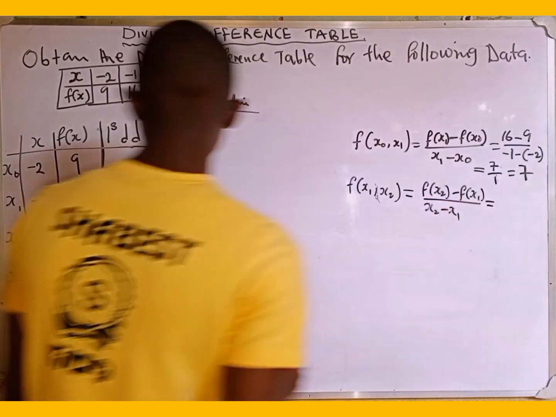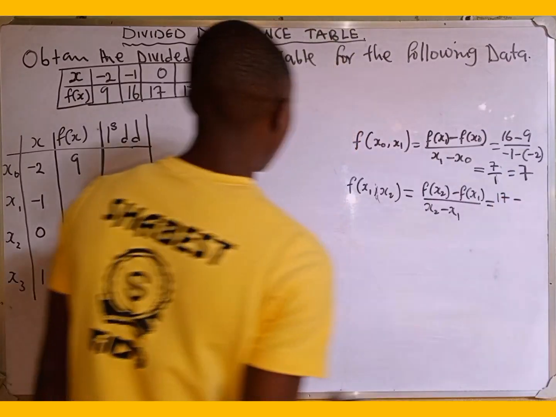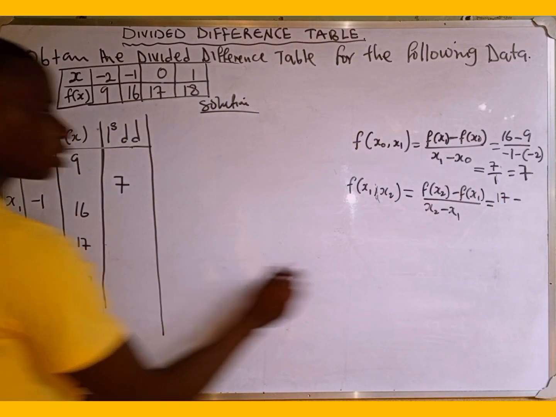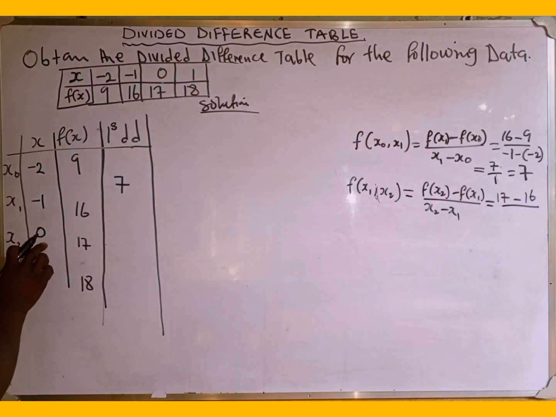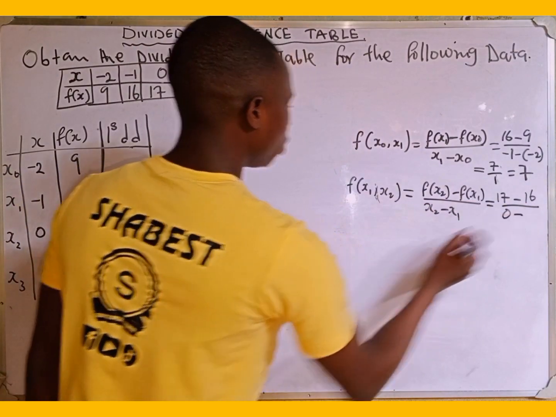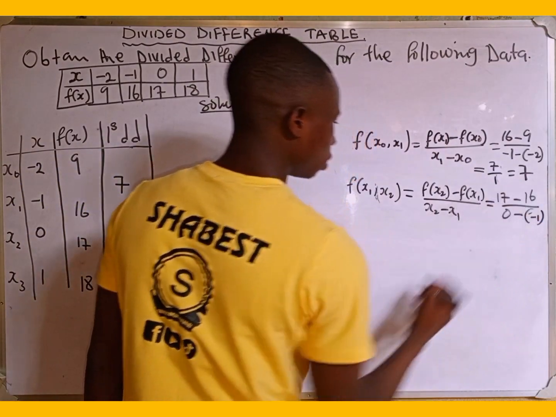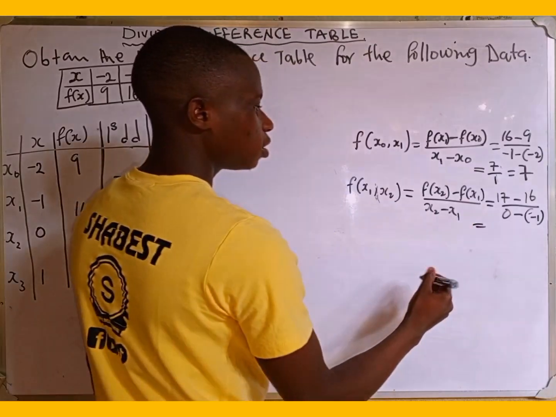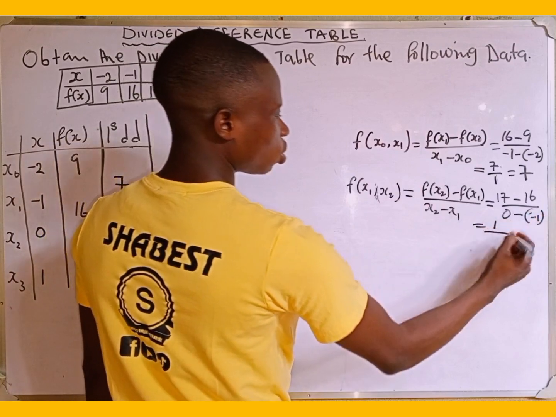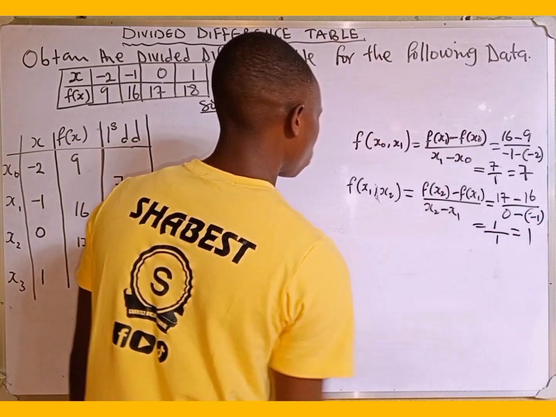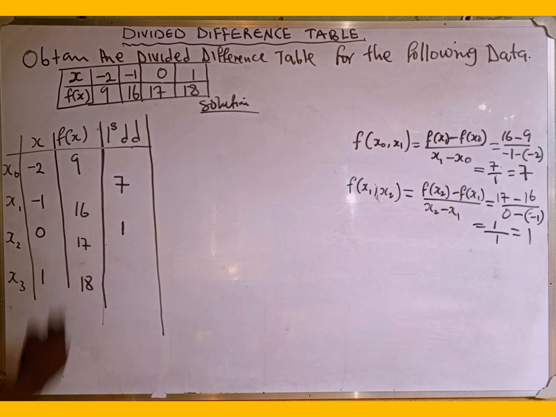F of x2 is 17, then minus f of x1, which is 16, then divided by x2, which is 0, minus x1, and x1 is -1. If you simplify this, 17 minus 16 is 1, then divided by 0 minus -1 is 1, which is equal to 1. Therefore, the value here is 1. Write it in between 16 and 17.